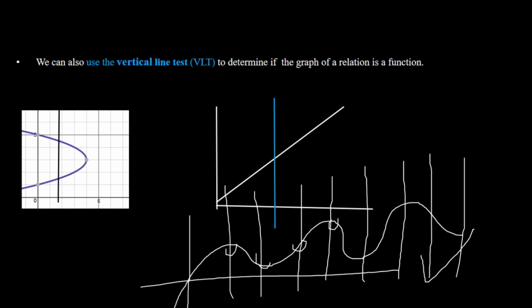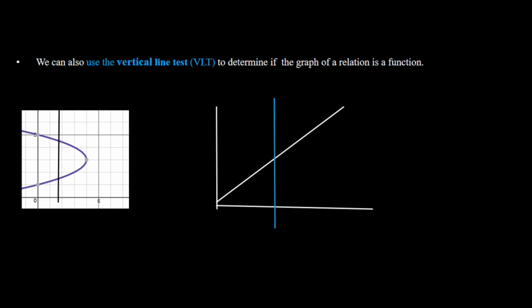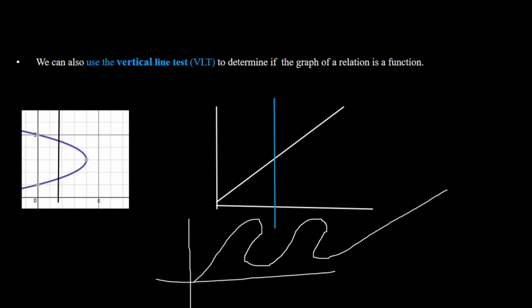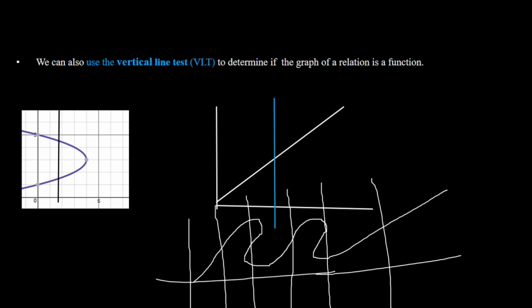Hence, this graph is a graph of a function. But in case we have something like this, let's draw something a bit cumbersome, just to illustrate. We find that there are two points of intersection, here and here. Hence, this is not a function.